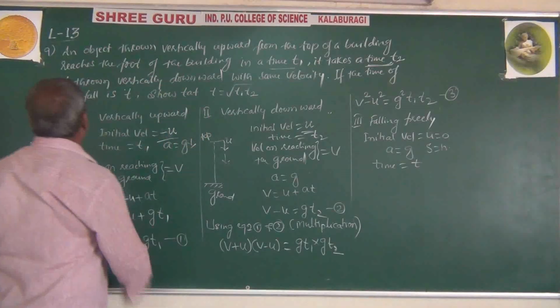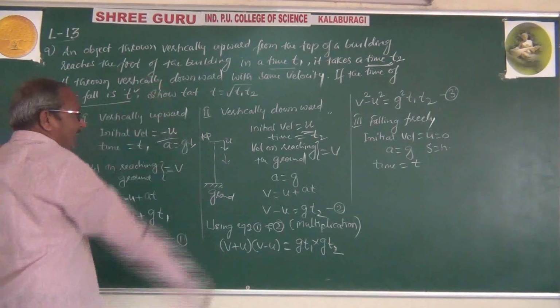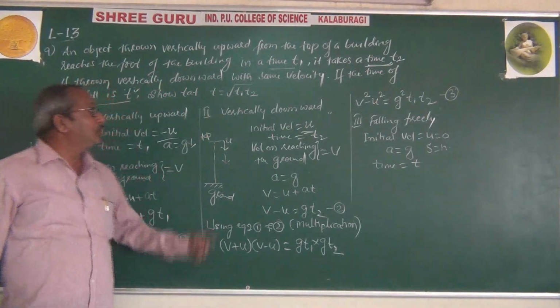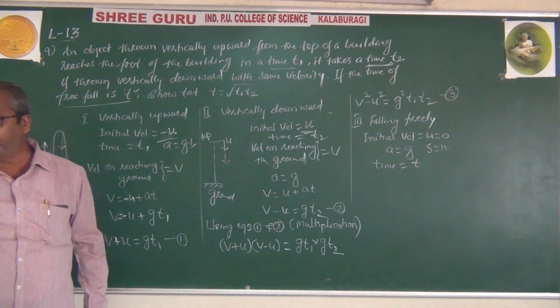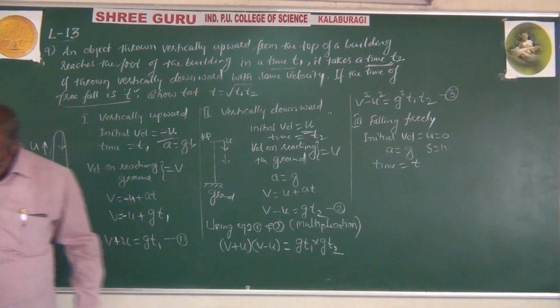If the time taken to free fall is t, then we have to show that t equals the square root of t1 t2.